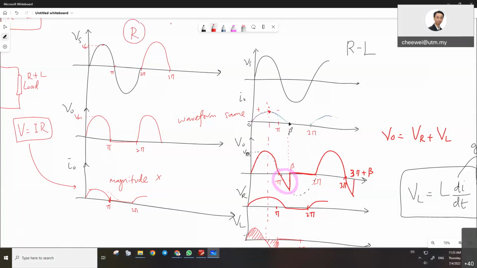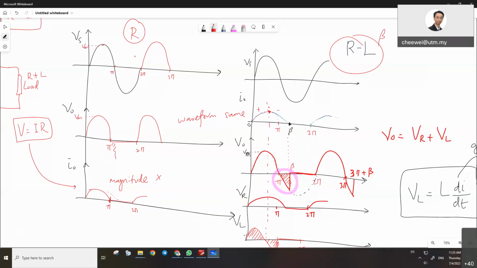This is R only. This is RL. Negative part is there for RL. Negative part is not there for R load. And then we have the extinction beta angle for RL. Here, no beta. It's just stopping at whatever it starts, 0 to pi.